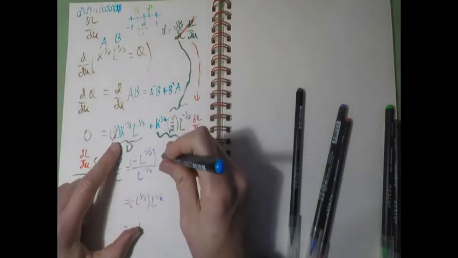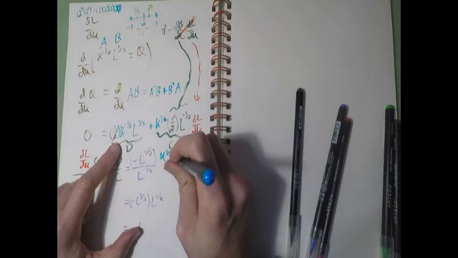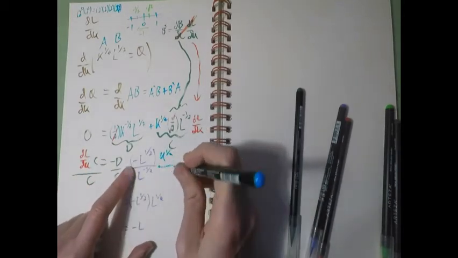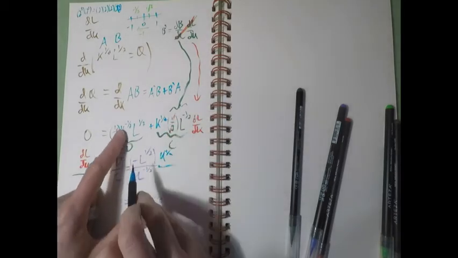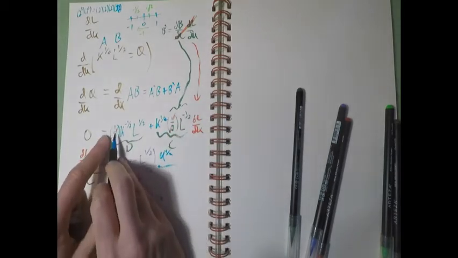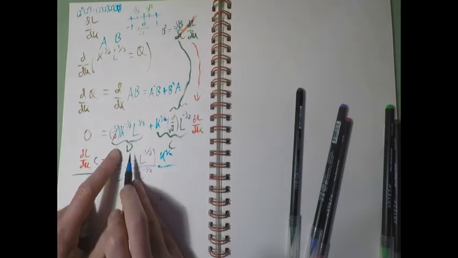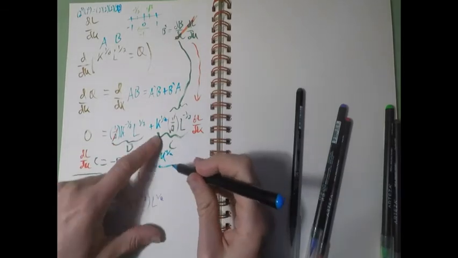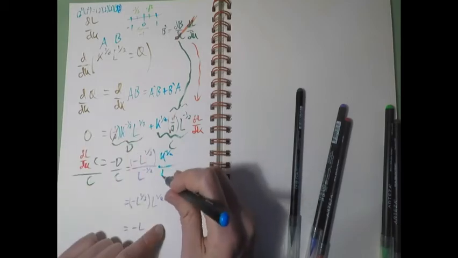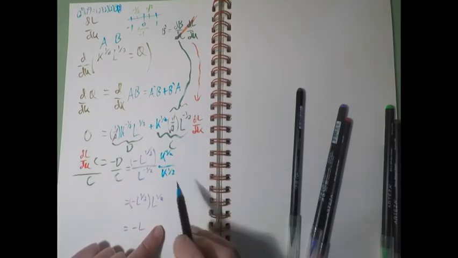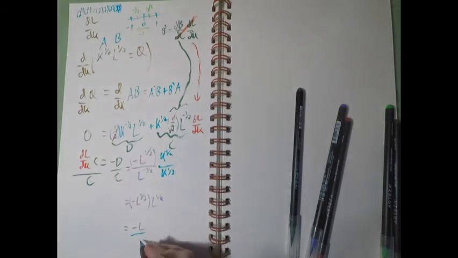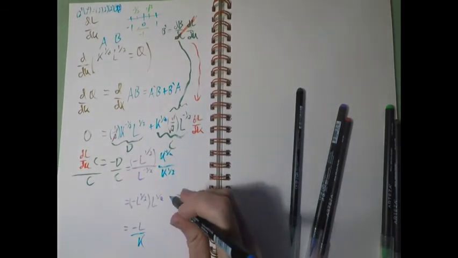We've got this k to the negative 1/2, and we've already got that negative sign here, so we don't need to deal with that again. This minus sign from subtracting D, we've already accounted for that. So we've got k to the minus 1/2, and then we're dividing by C, which has a k to the positive 1/2. Now in this case, we're going to move this down, and we're going to end up with L over k.